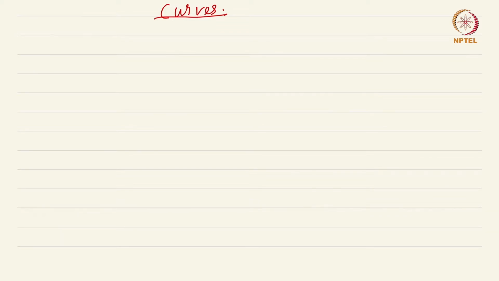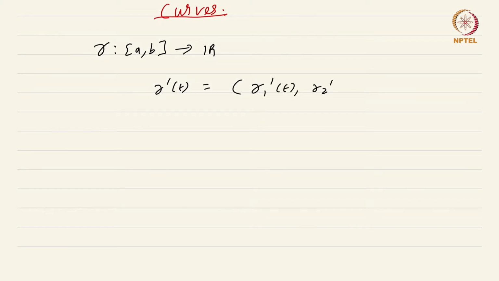So let's recall some notation so that things become unambiguous and clear. If you have gamma from [a,b] to R^n, we will use gamma prime of t to mean just gamma 1 prime of t, gamma 2 prime of t, up to gamma n prime of t. Just differentiate each coordinate.